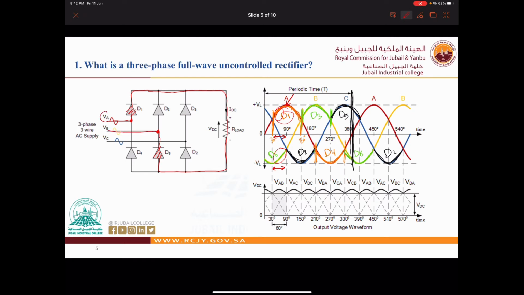So now we have phase A and phase B. The potential difference between the two should be a line voltage, so it should be VAB. That's why in this period we have VAB. Clear? This is for the first two diodes.